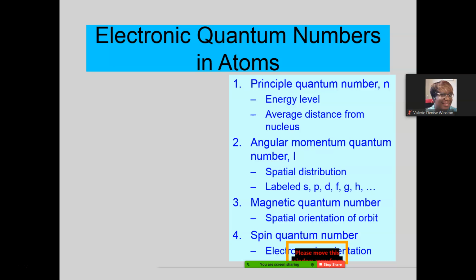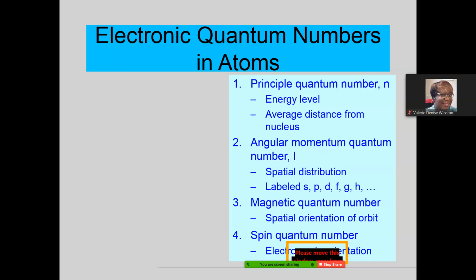The first one is called the principal quantum number. Now I said this earlier, they use the letter N. Now, it probably is dealing with the same N that we used in the Bohr model, in the Balmer series. You know, it's that same N. Only now it means energy level.